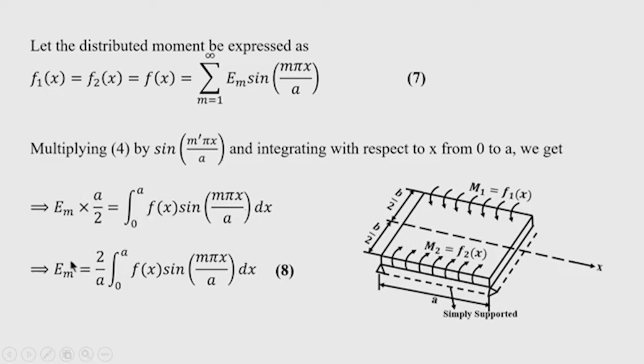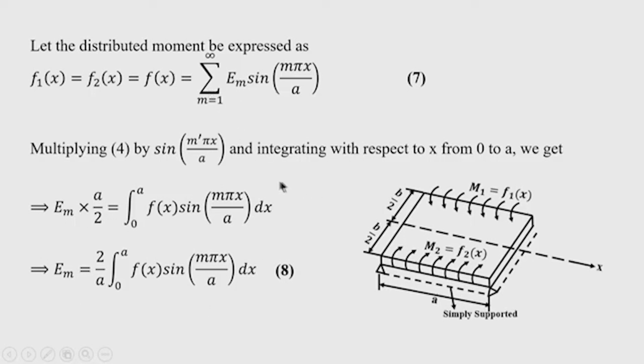Now, we can find the E m coefficient of the Fourier series, that is assumed for expressing the moment applied on the edges. So, E m is equal to 2 by a, integration 0 to a, f x sin m pi x by a dx. So, this equation represents the coefficient of the Fourier series, which is used to represent the edge moment.